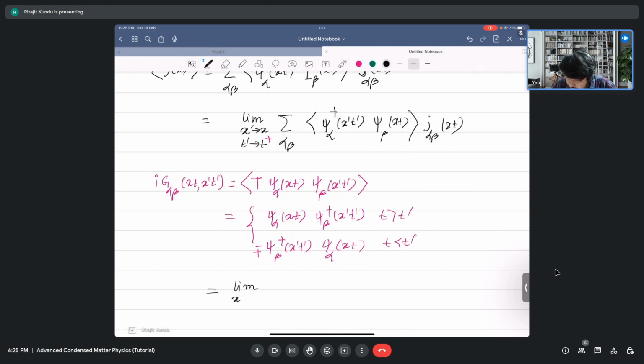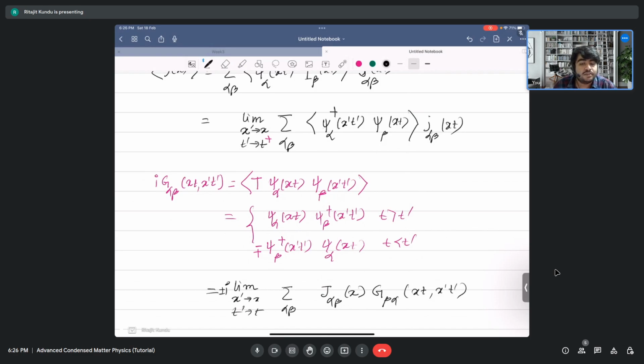So x prime goes to x, and t prime goes to t, something like that. And then I have J alpha beta(x) times plus or minus i G beta alpha(x t, x prime t prime).